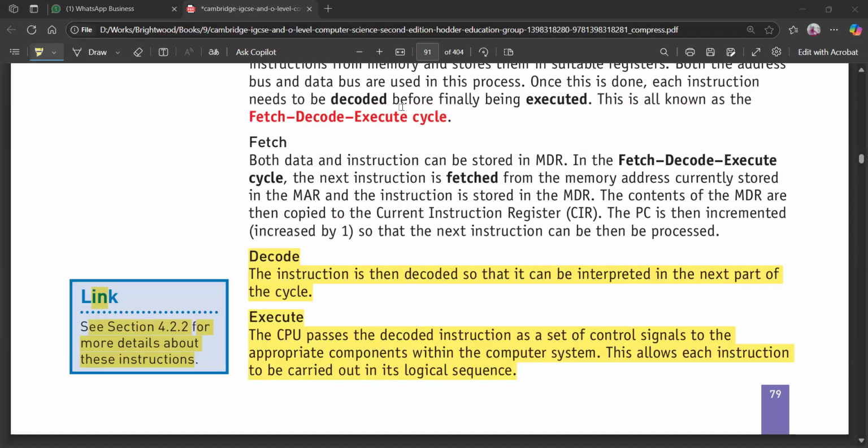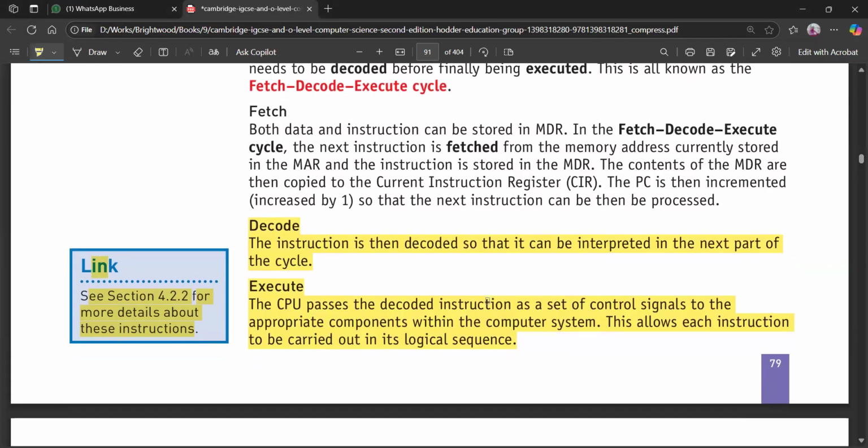It can be running like that. That's what we call execute, and the decode. Okay, decode and execute.